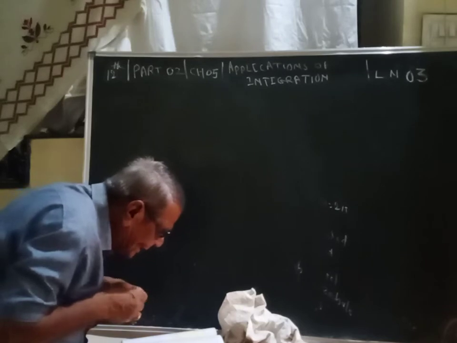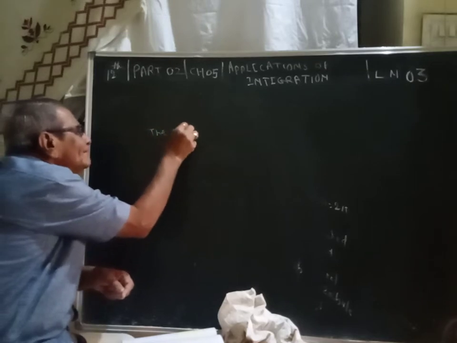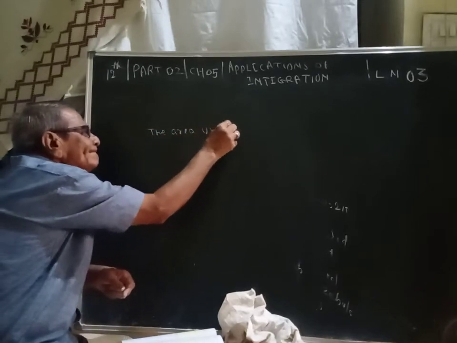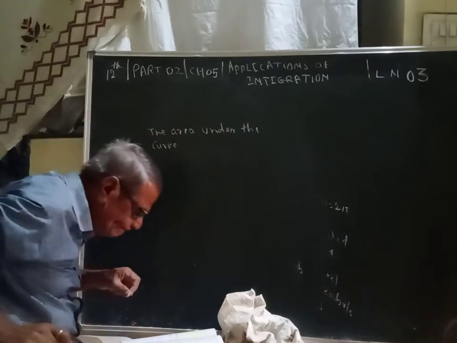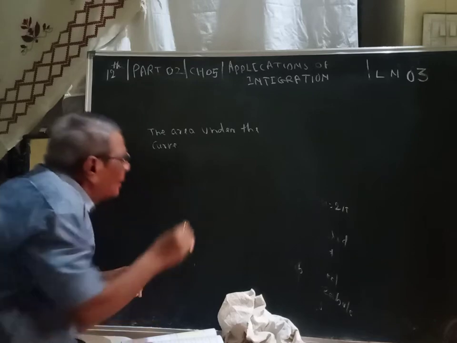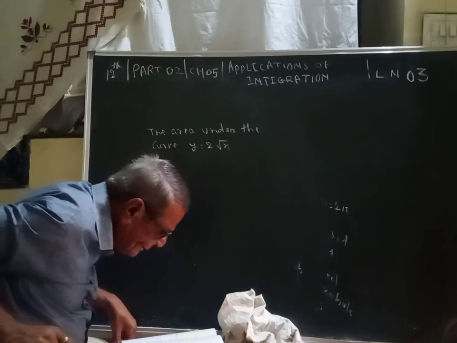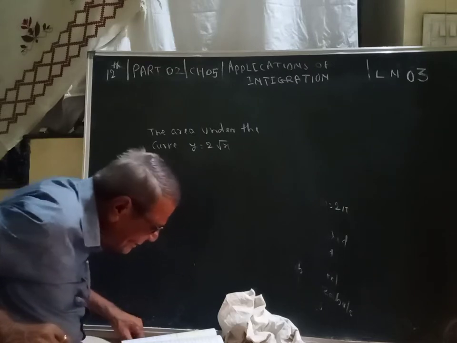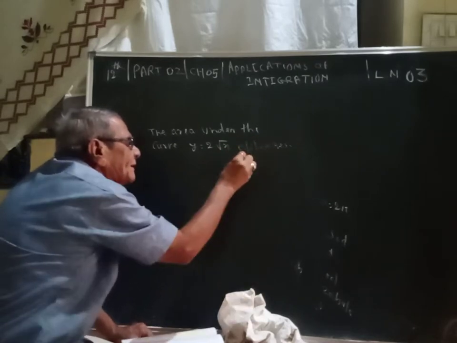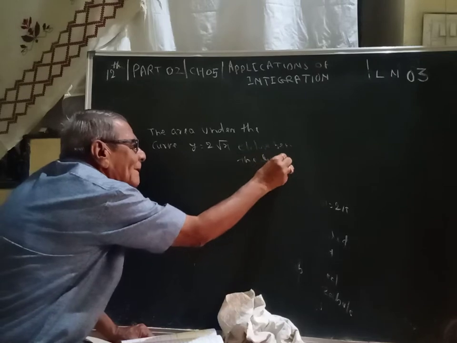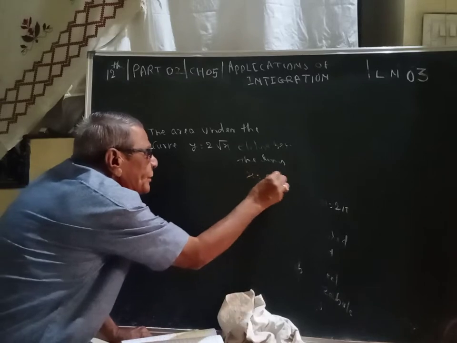Next example: the area under the curve y is equal to 2 root x enclosed between the lines x is equal to 0 to x is equal to 1.